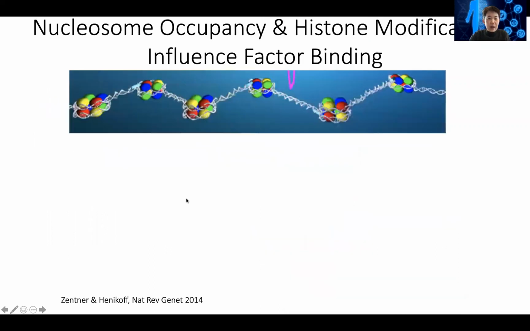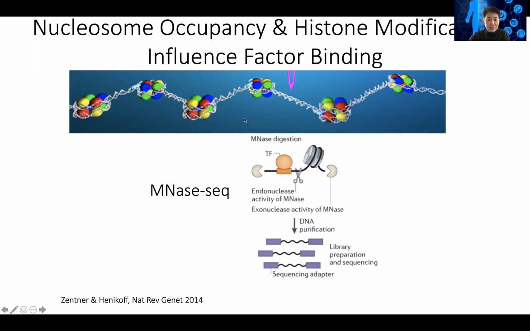The positioning of the nucleosome also matters. This is another view of the nucleosome. You can see the DNA double helix wrapping around 8 different histones in 2 circles, and then it moves on and wraps around another 8 histones. The basic unit of chromatin is this nucleosome, which is 8 histones and 146 base pairs of DNA.